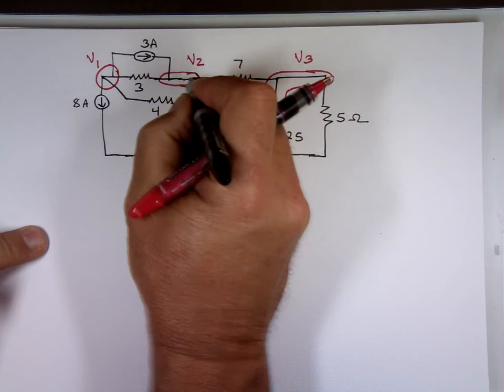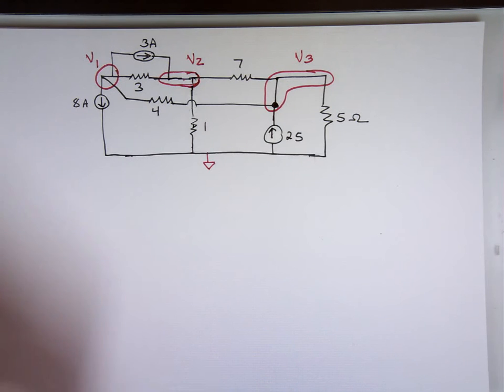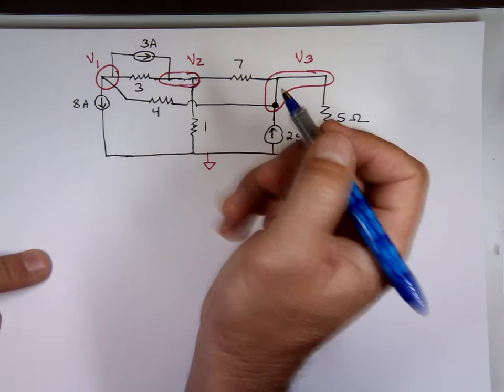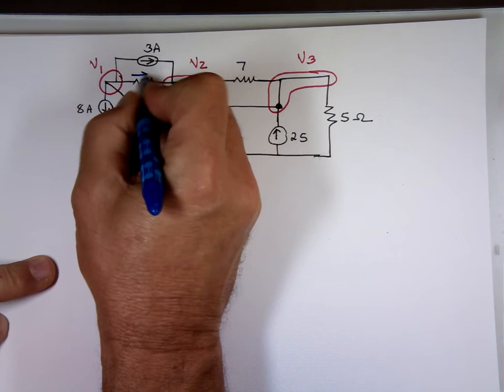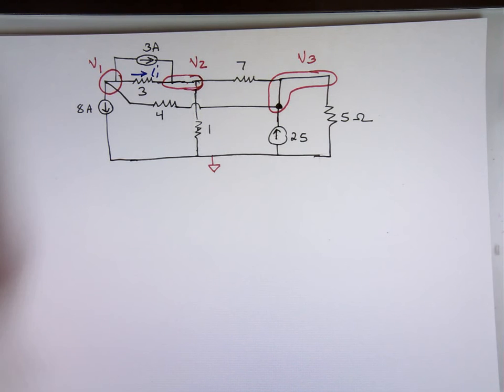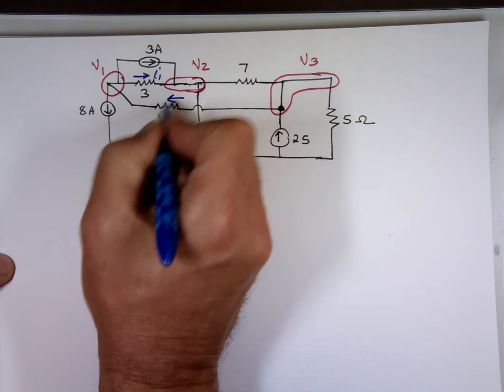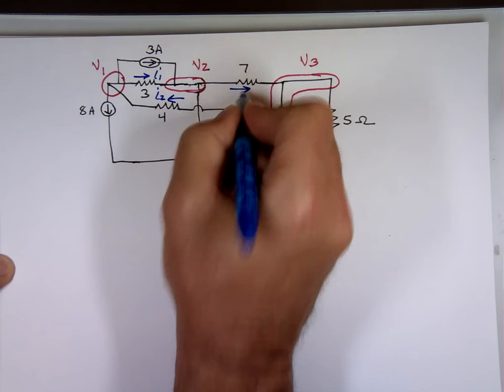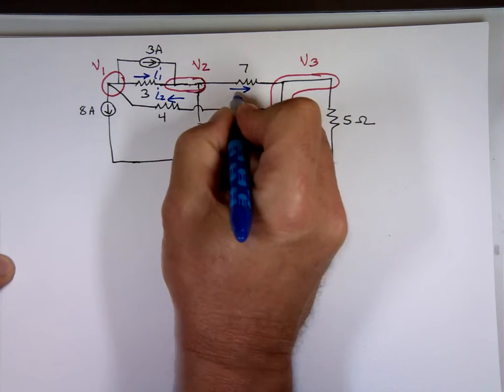Now remember, I said I'm going to assign current going any direction I want to. Depends what mode I'm in. So going through the 3, which way? Left or right? Make it easy. This is a straight line. I don't know what clockwise for a straight line is. Through the 4, through this, through this.